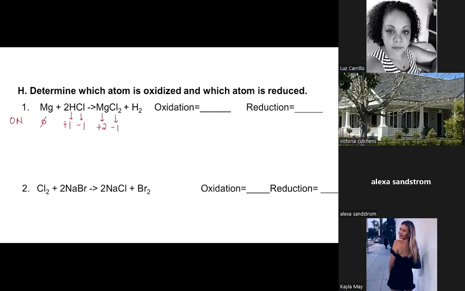H2, because that is an element that is diatomic, is going to have an oxidation number of 0, okay? Put a 3 in the chat if you obtained those oxidation numbers for the products. Excellent. Any questions on the assignment of oxidation numbers for the elements in this reaction?